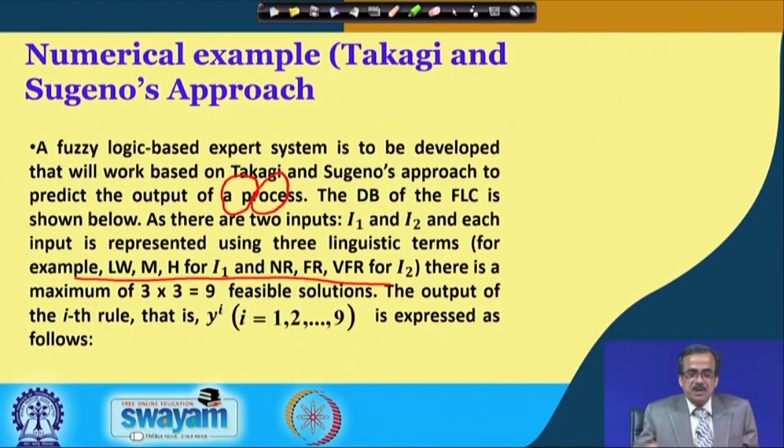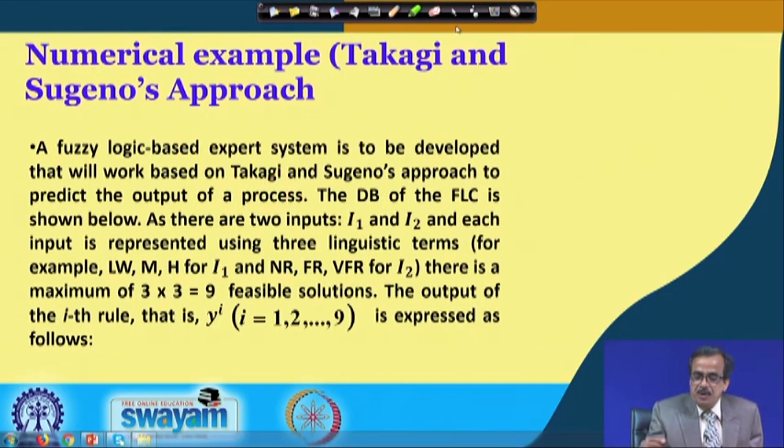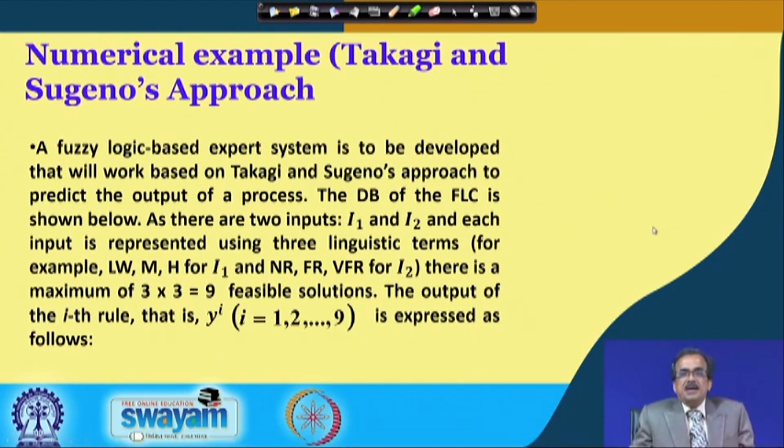How to determine the output, which is a function of the input parameters, I am going to discuss after some time. But before that, let me tell you that in Takagi and Sugeno's approach, we express the output as a function of the input parameters. If I just read one rule, no control action will come to my mind, and that is why the interpretability is much less, although we can go for better accuracy, because we take the help of some optimization tool, and we optimize with the help of some known data.